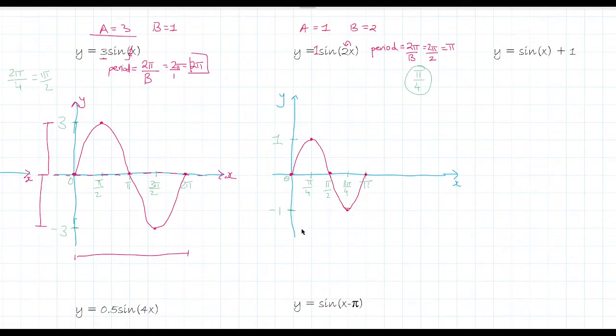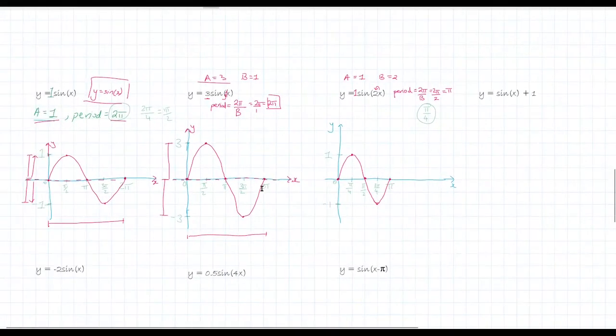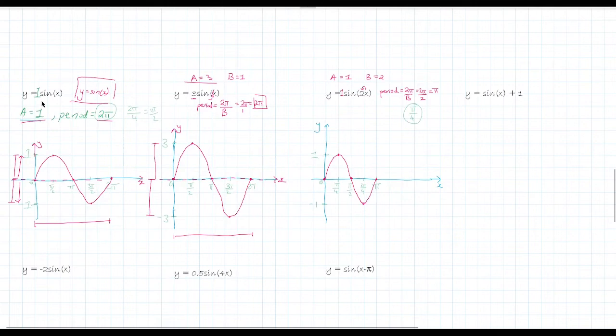And there we go. So the main thing to note, and let's compare this to our regular sine x graph. The only thing that's changed is the period. For this graph, on our x-axis, one cycle went between 0 and 2 pi.